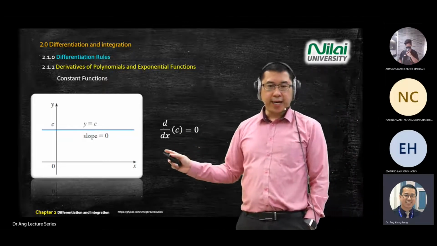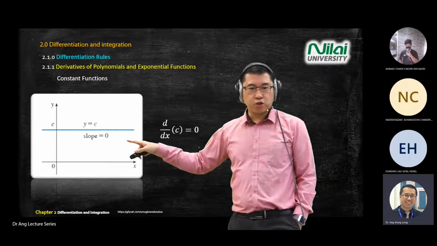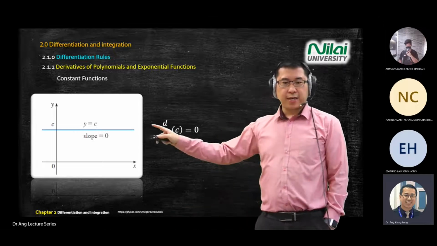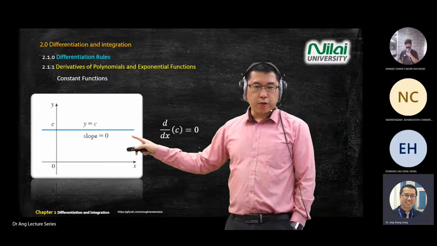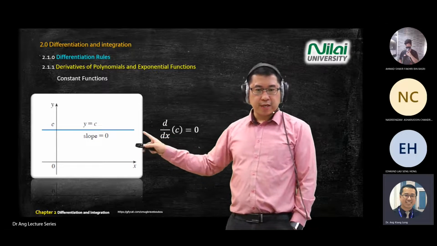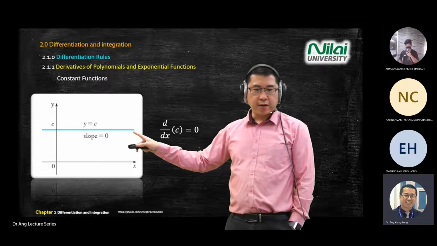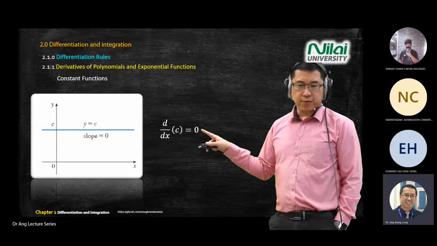What is dy dx? What is differentiation? Differentiation basically is the slope or gradient of the line. If you talk about a linear equation, y equal to mx plus c, and you differentiate it, if you have a straight line with a constant value, then you get 0.